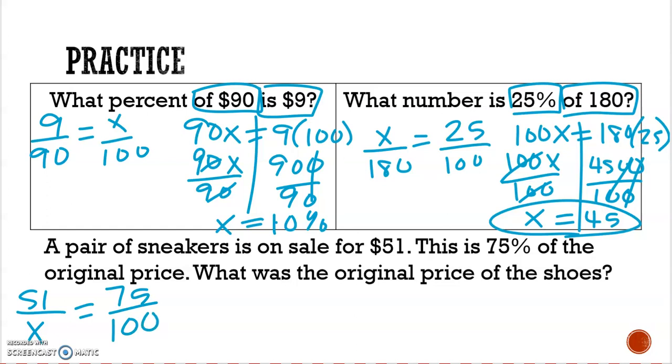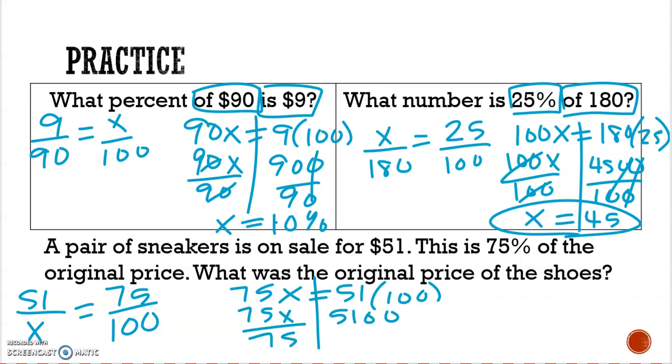So I'm going to do 75 times x, and 51 times 100. So 75x equals 5100. Divide both sides by 75, and this gives me 68. Because this is a word problem, we know that it's $68.